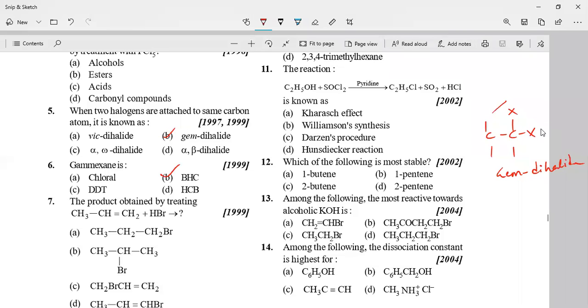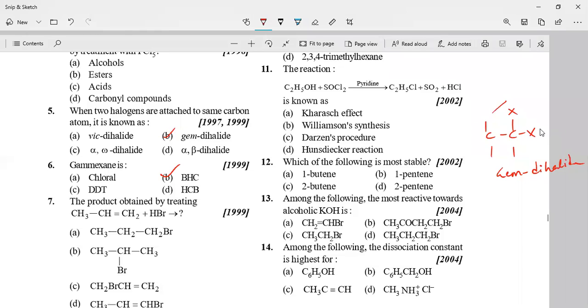Next, the product obtained by reacting with HBr. What will you get here, in the seventh question?